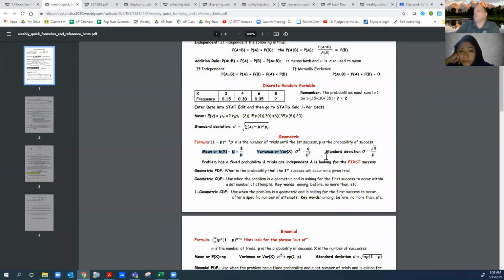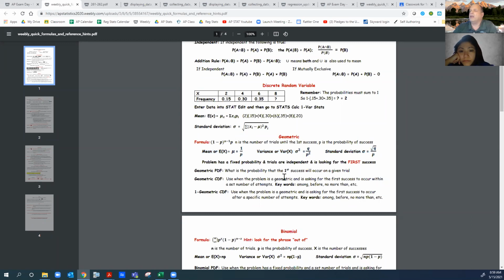The formulas for geometric are given on the formula chart. How do you recognize a geometric? I recognize a geometric by looking for the word first. All right. If it's the first, what's the probability of the first success? Or when, and if I say what's the probability of the first success, then I'm using the geometric PDF.